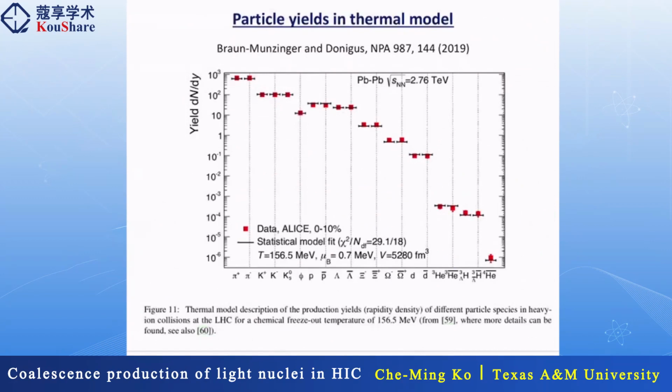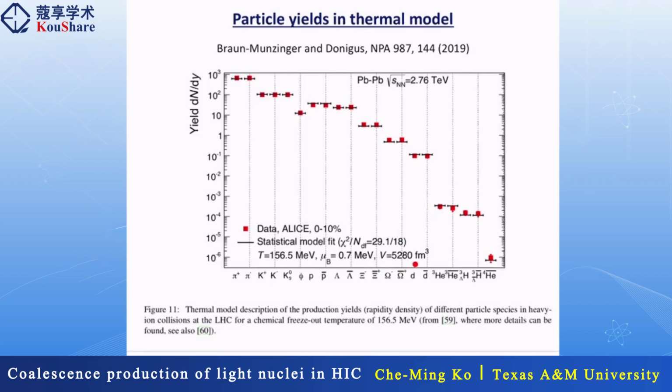Now let's see how the coalescence model compares with the thermal model. The thermal model is well known, invented by Peter Braun-Munzinger and his collaborators, including Lu Xu at that time. They said the yields of all the particles are fixed at the chemical freeze out at a Tc of around 156 MeV, and then you can calculate the particle yield relations.